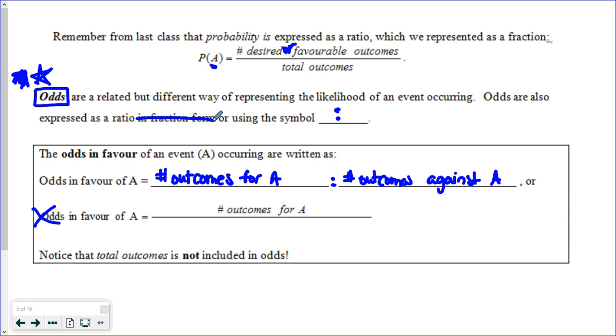So we'll cross this out because I always do odds as a ratio using a colon.